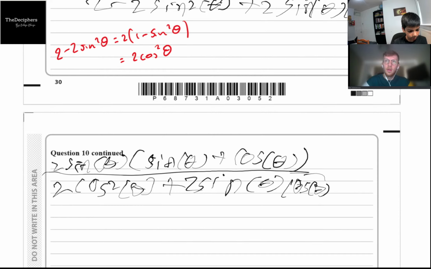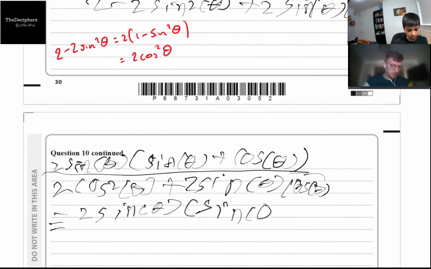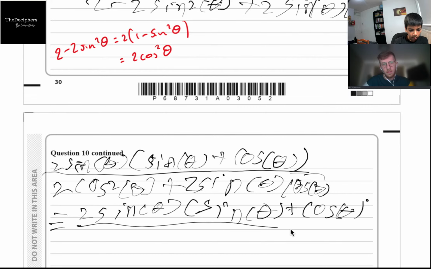And that's 2 sine theta times sine theta plus cos theta, divided by 2 cos theta.